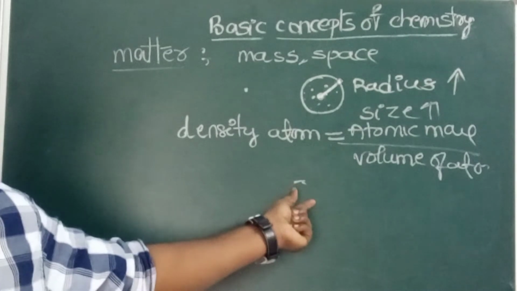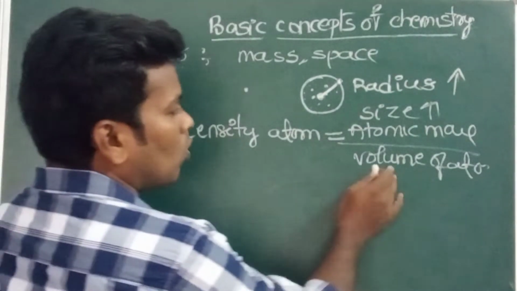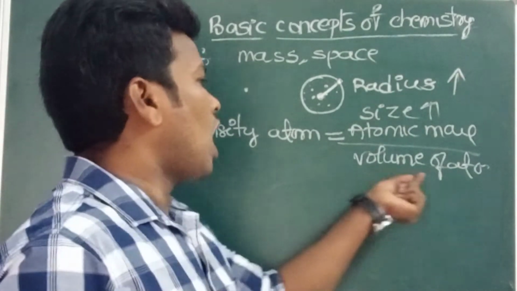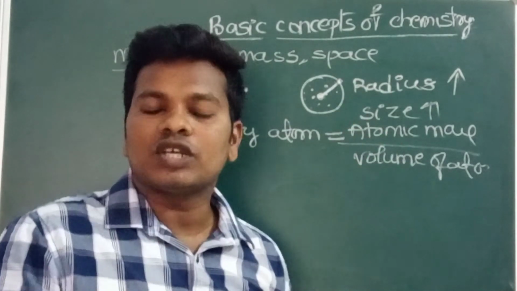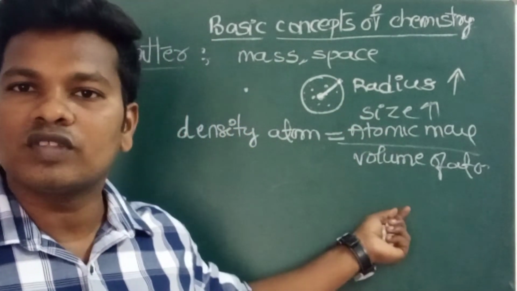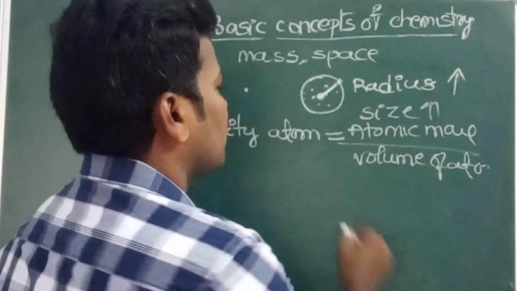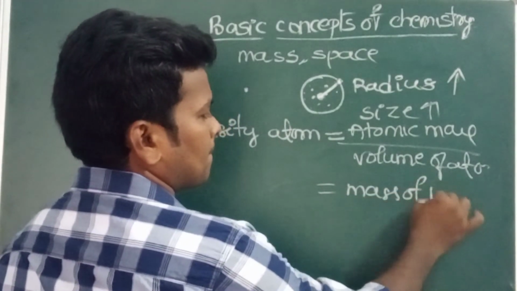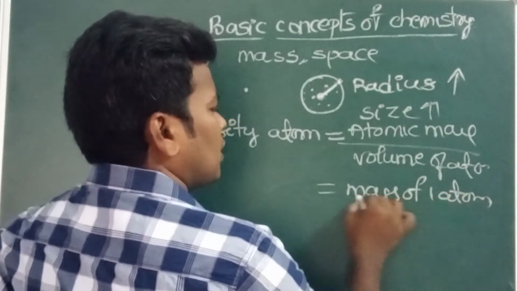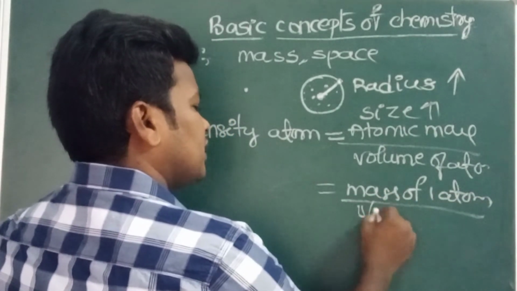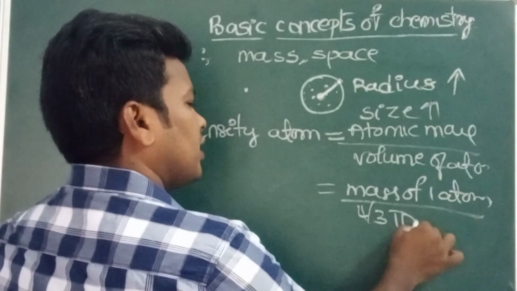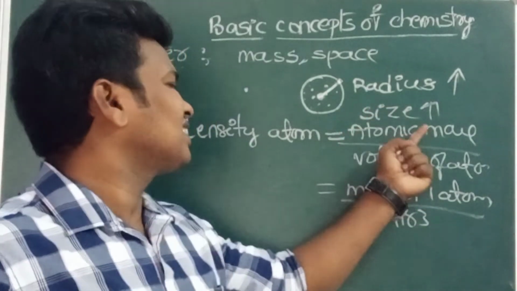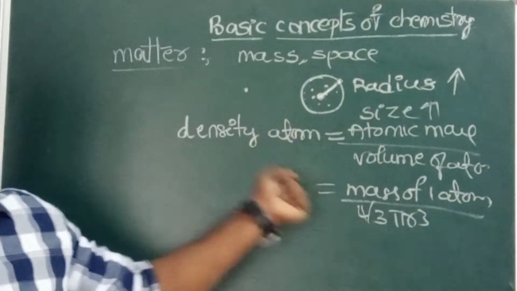The volume of an atom is spherical in shape, so it is the volume of a sphere, 4 by 3 pi r cube. So density equals mass of one atom upon 4 by 3 pi r cube, where atomic mass is the mass of one atom.